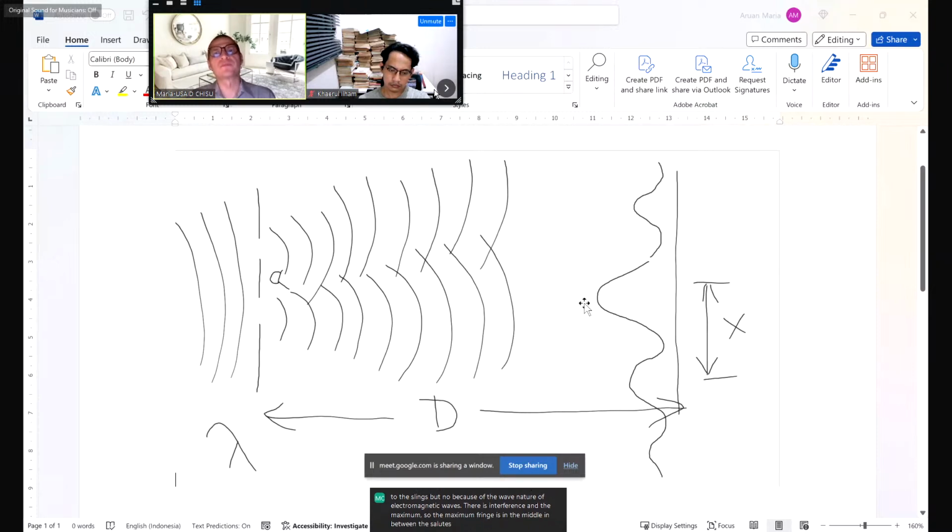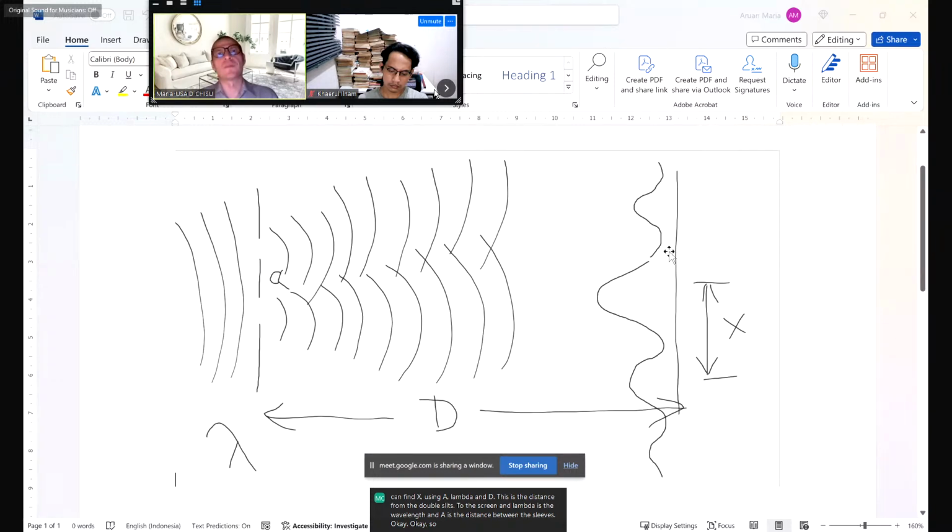Can you see that? So X is the distance between the maxima, between the neighboring fringes. We can find X using A, lambda, and D. D is the distance from the double slits to the screen, lambda is the wavelength, and A is the distance between the slits.